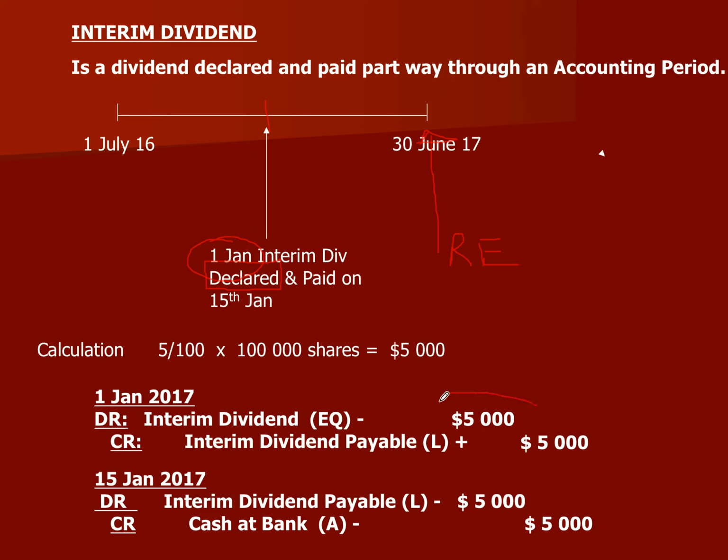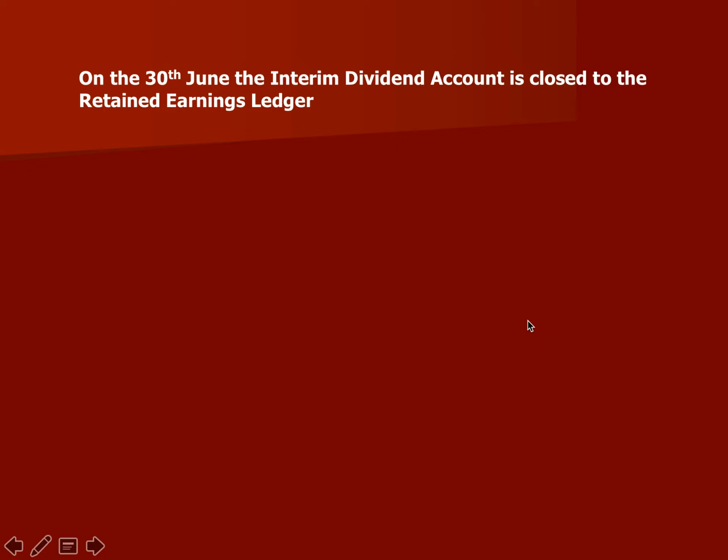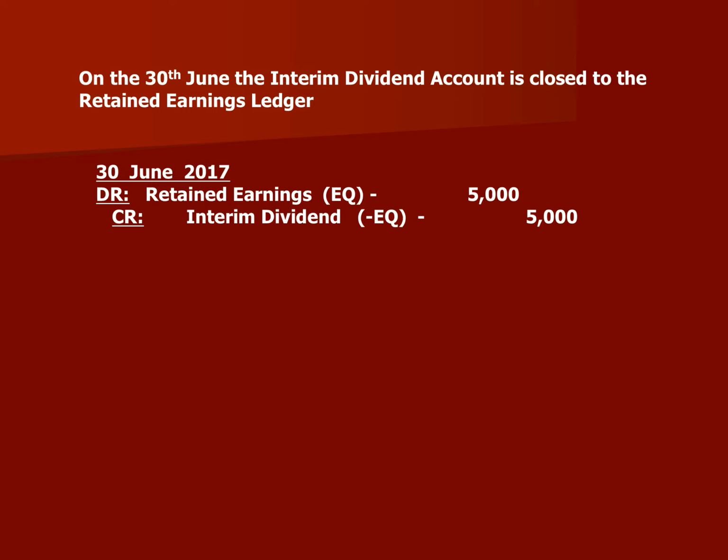And so we close this account off to the retained earnings on the 30th of June, and in this way it comes out of the profit. So on the 30th of June 2017, there's a debit to retained earnings and a credit to interim dividend.